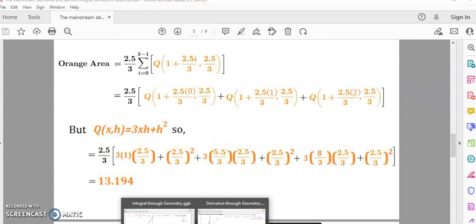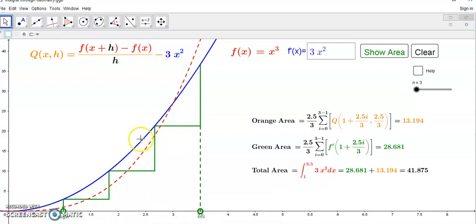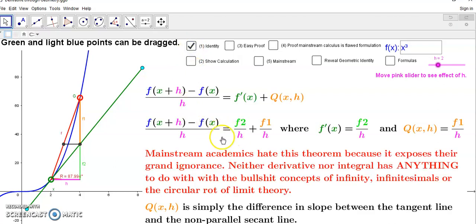Now I showed you this particular applet in one of the previous videos, and I also showed you in a previous video how the derivative works. So let's first look at the derivative and then we'll look at the integral.